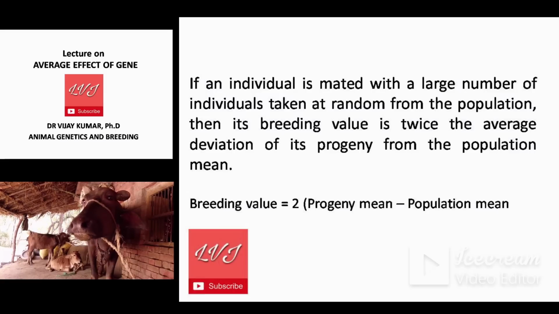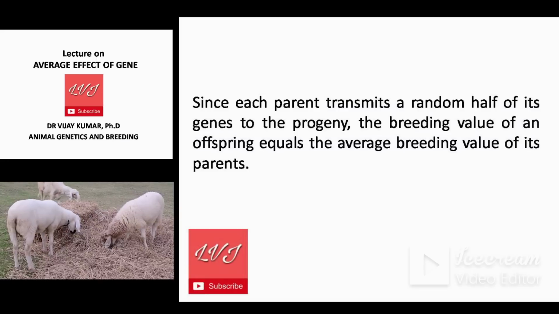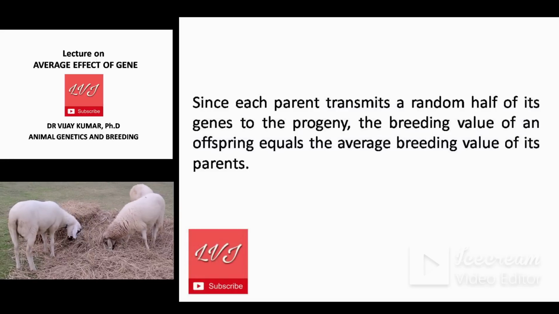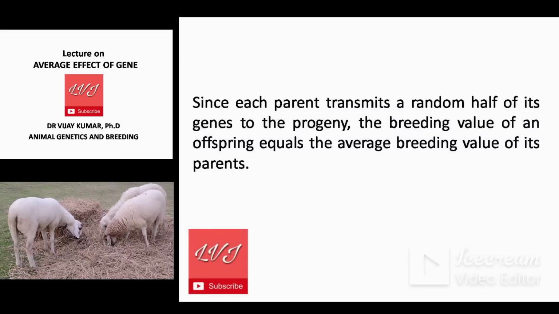So, breeding value equals twice the progeny mean minus the population mean. Since each parent transmits a random half of its genes to the progeny, the breeding value of an offspring equals the average breeding value of its parents.